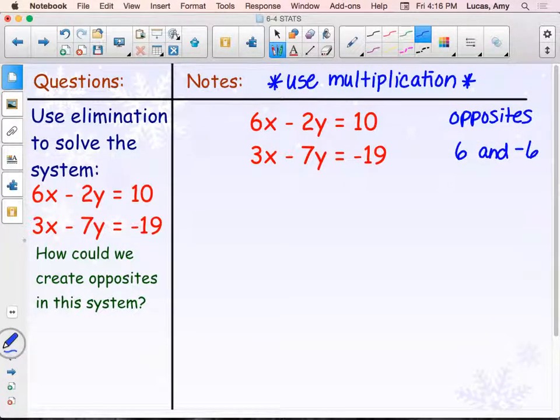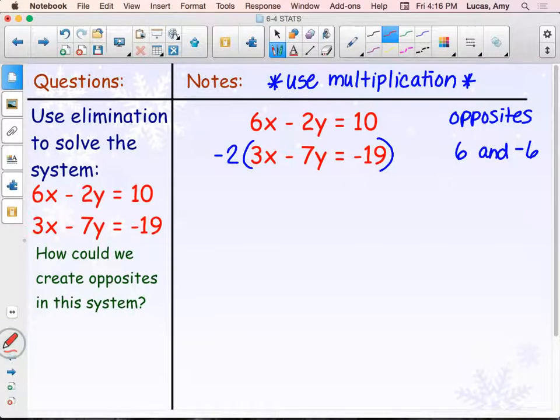My goal would be to eliminate the x's in this system. To do that, I need to turn the coefficient 3 in the bottom equation into a negative 6. I know that 3 times 2 is 6. So if I multiply by negative 2, I believe I will have the opposites that I'm looking for.